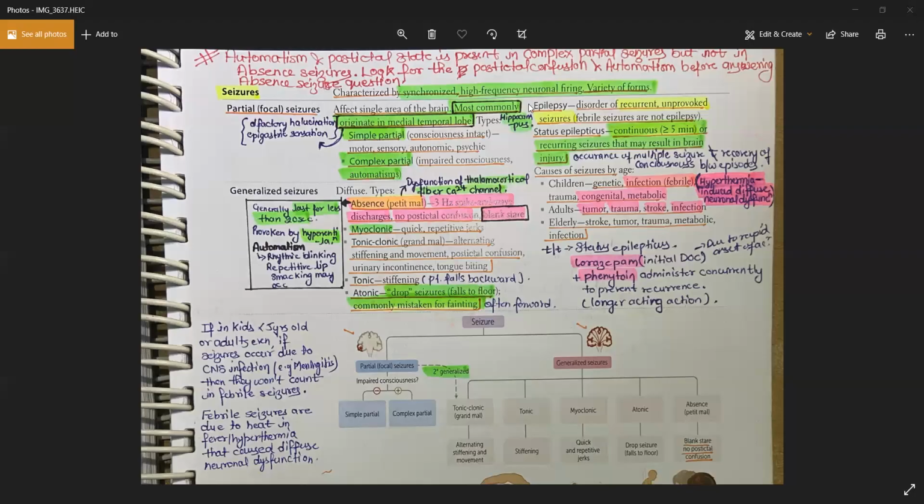Now, you call it epilepsy whenever you have repeated episodes of seizures. You will call it status epilepticus whenever you have continuous seizures, with a gap in between of 5 minutes.